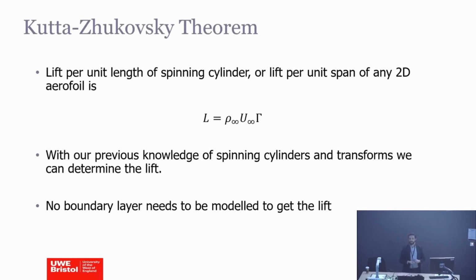Yes, we do. Okay, so we can discuss this at some point, but saying this doesn't mean we don't need the boundary layer to get lift. If you don't actually have boundary layer, there will be no lift, trust me. But at the same time, you can get lift without modeling the boundary layer. So don't confuse the two things.